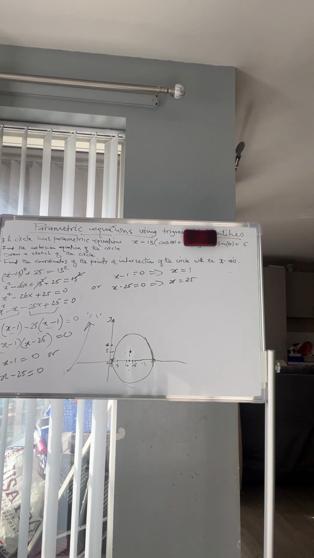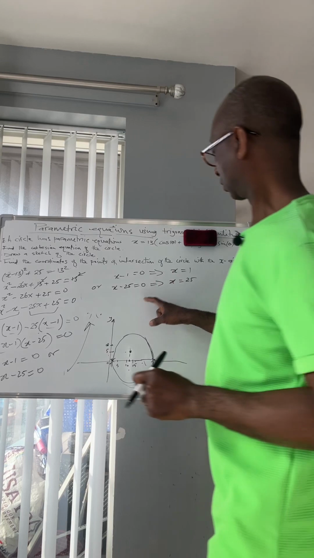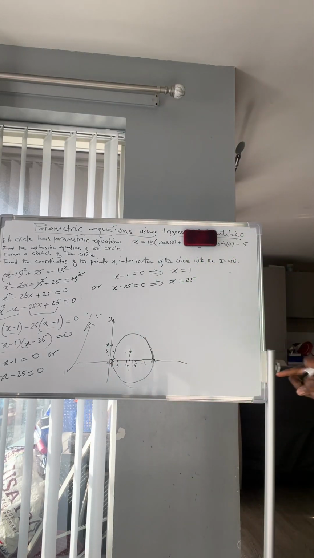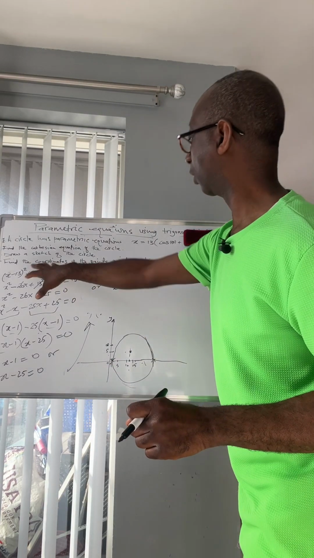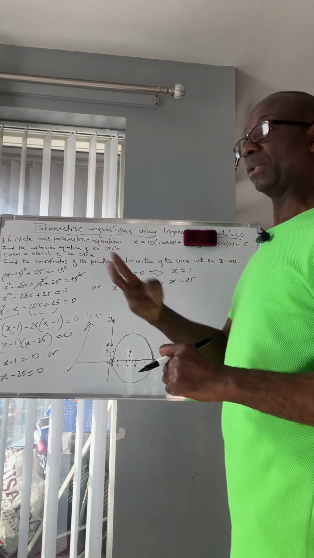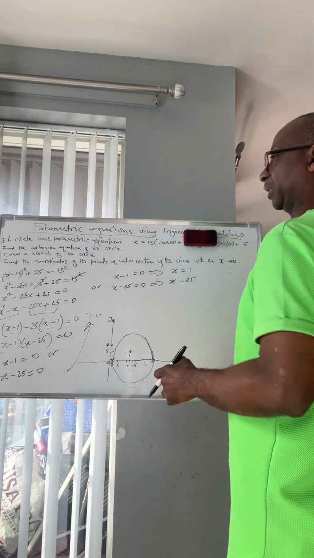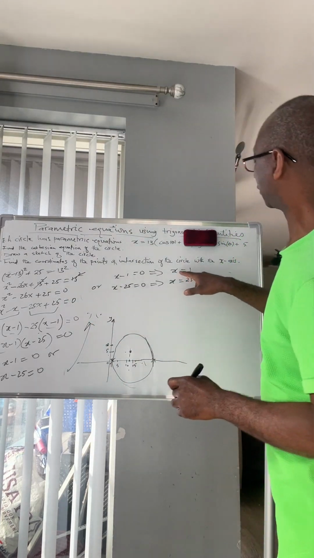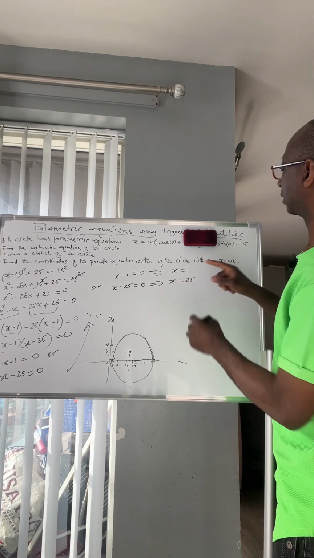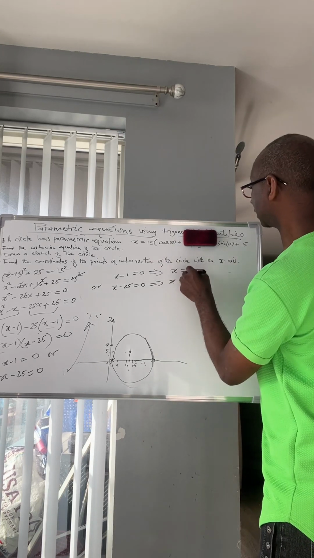But earlier on we said that for the intercepts on the x-axis, y is 0. Because they ask us to find the coordinates, they come in pairs. You have the x and y coordinates. So now x here is 1, so it means the y coordinate is 0 at this point.